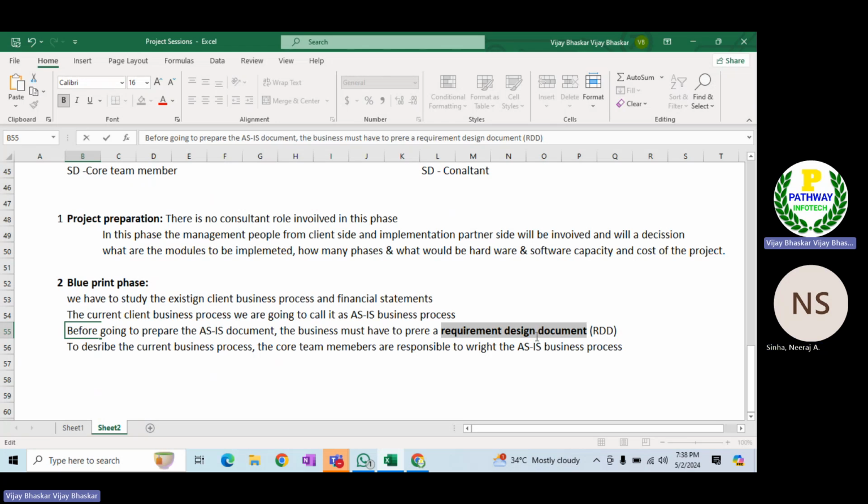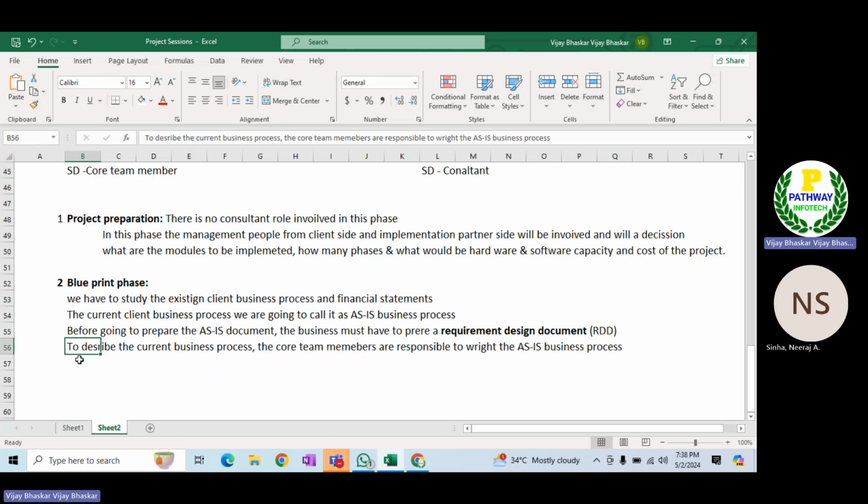Based on the RDD document, to describe the current business process, the core team members are responsible for writing the as is business process, and what the requirement would be, what is expected.